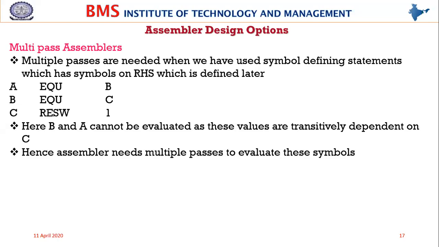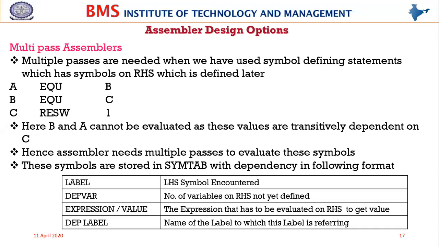This leads to a transitive dependency, so we need to have multi-pass assemblers. To handle such a situation, we store these symbols into symbol tables and evaluate them. After the evaluation, we put the absolute value or relative address against the symbols.